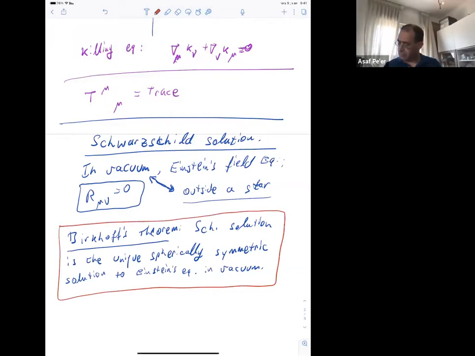I'm really going to show you the proof of this theorem. Here, I just said it.